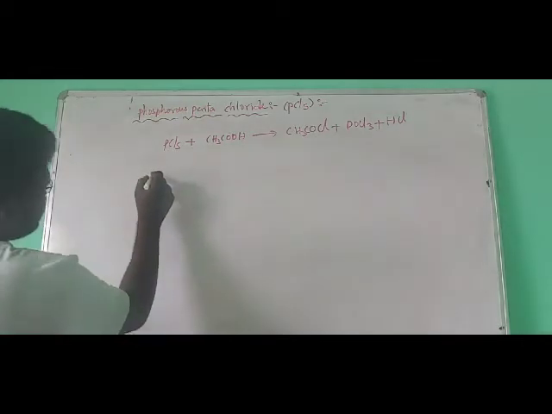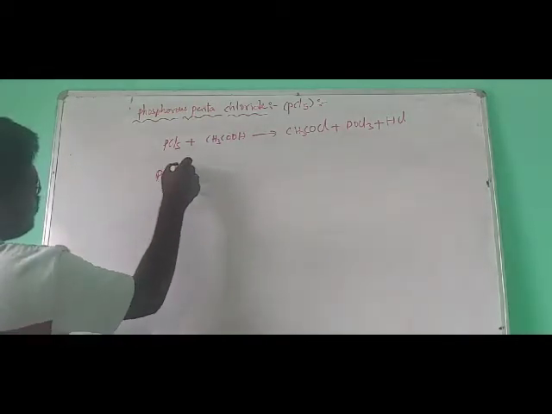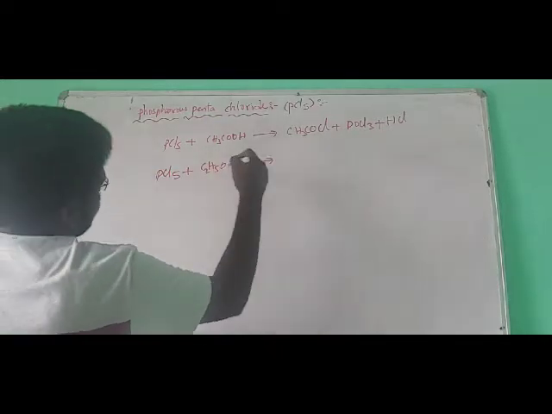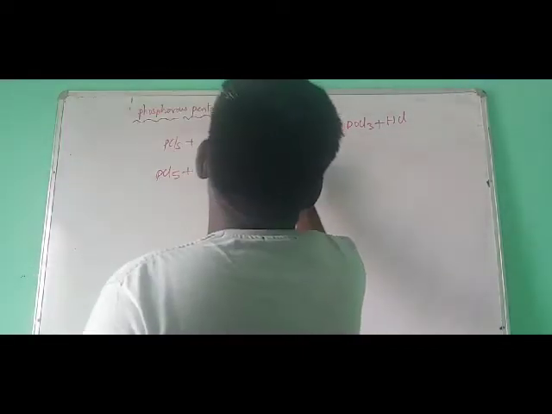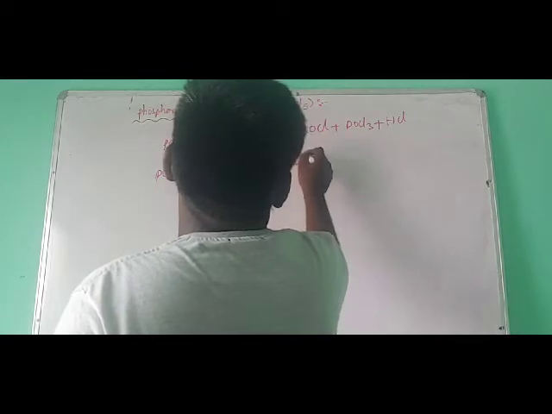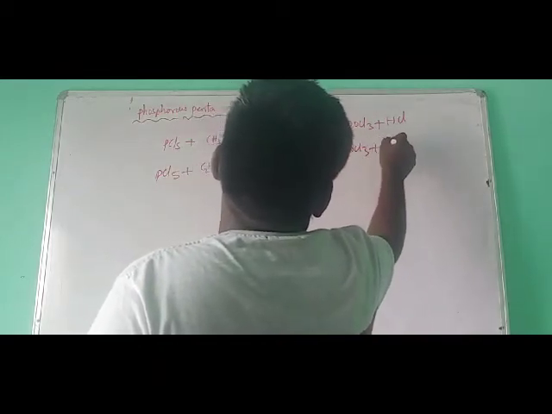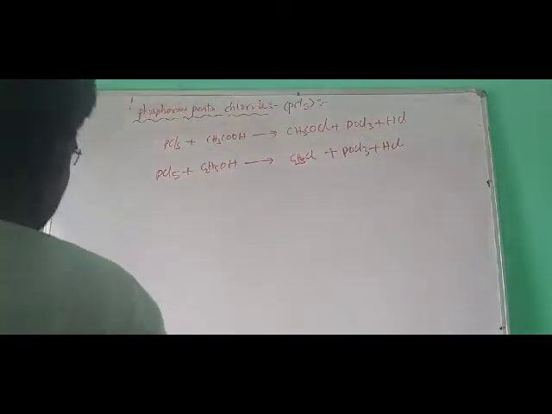Right? And one more example, PCl5 when it is treated with C2H5OH, ethyl alcohol, here also we can get C2H5Cl, ethyl chloride, plus POCl3, and next one HCl.